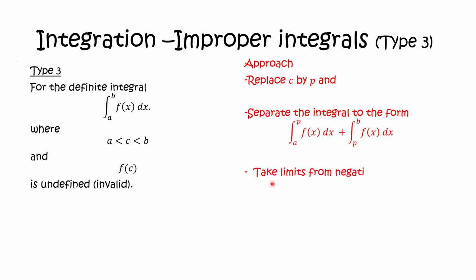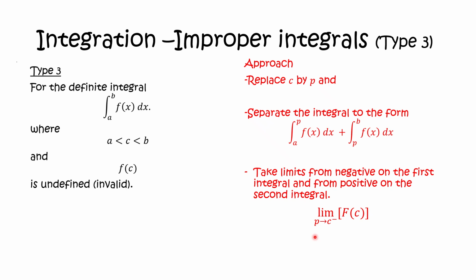Then take limits from the negative on the first integral and from the positive on the second integral. So that is what we would have: the limit as p approaches c from the negative of capital F of c, and the limit as p approaches c from the positive of capital F of c.